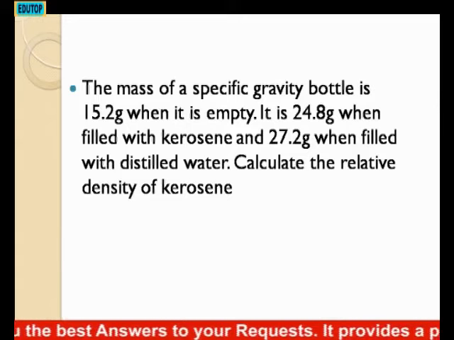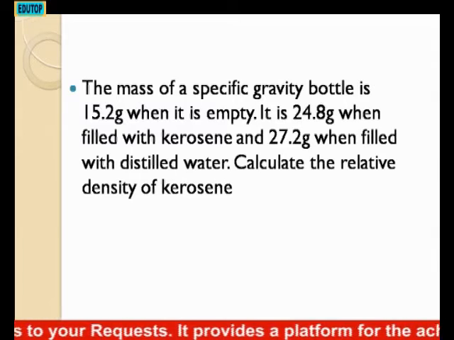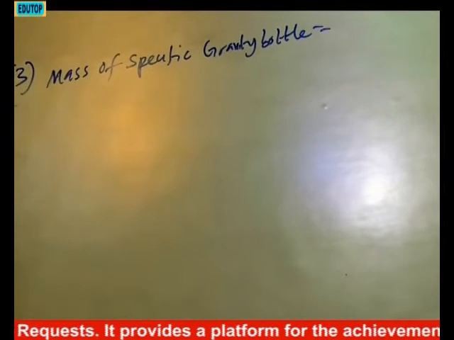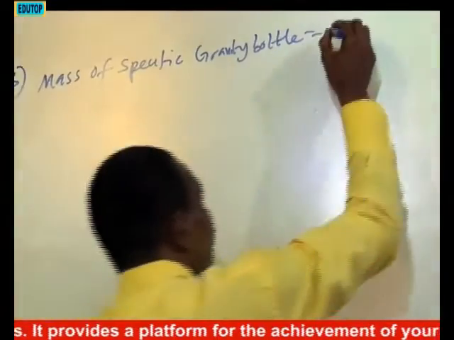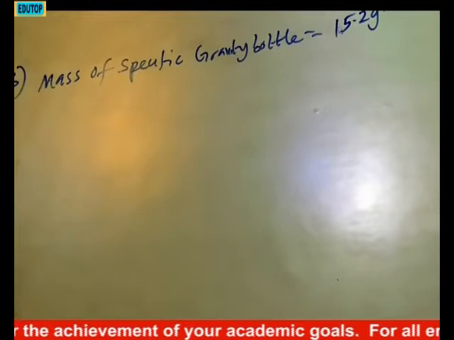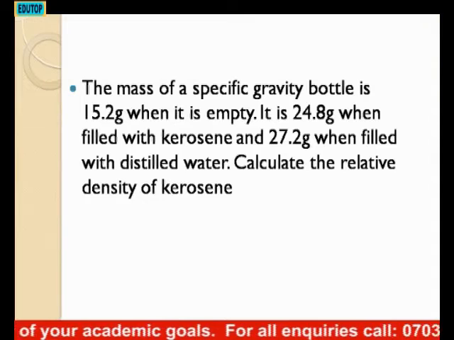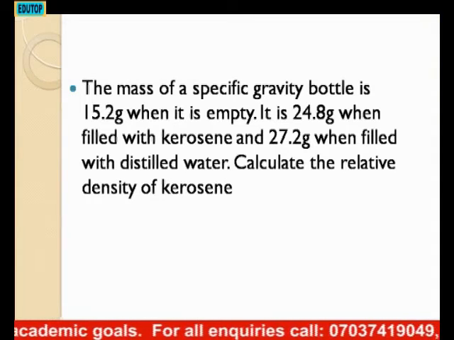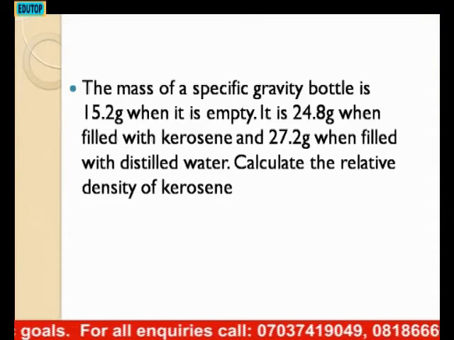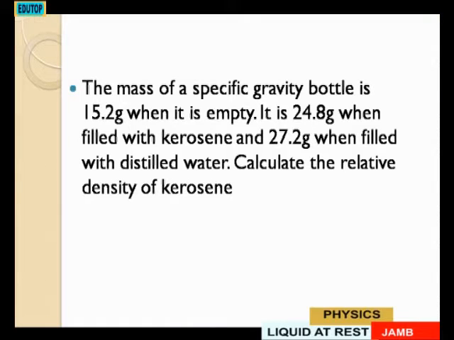Calculate the relative density of kerosene. From that question, we are having 15.2 gram. Apart from the mass of the empty bottle, we are also given 24.8 gram when filled with kerosene.